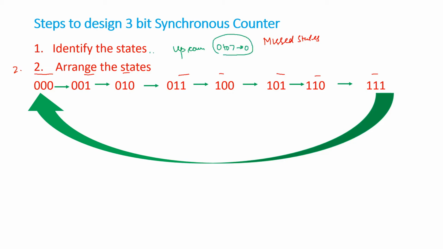This is the first thing, the identification of states. Once that is known, the next thing is arranging these states, showing how the sequence goes. This can be done using a state table, as we have done earlier.